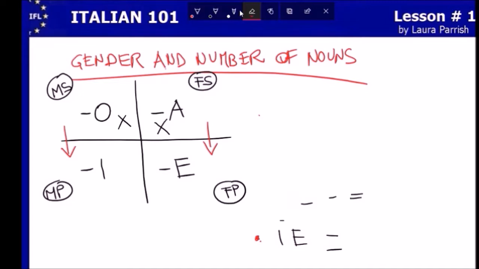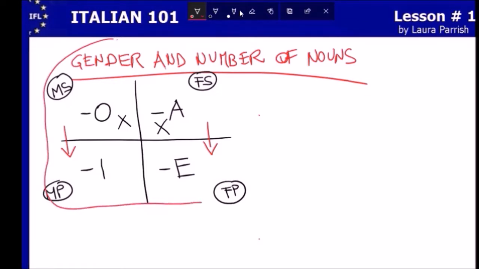Keep in mind that 90% of Italian words follow this pattern. That is the most important. So this is pattern number one, but there are three more. In total, there are four.